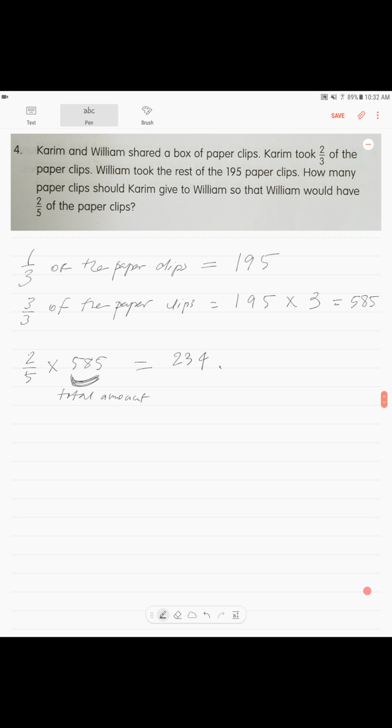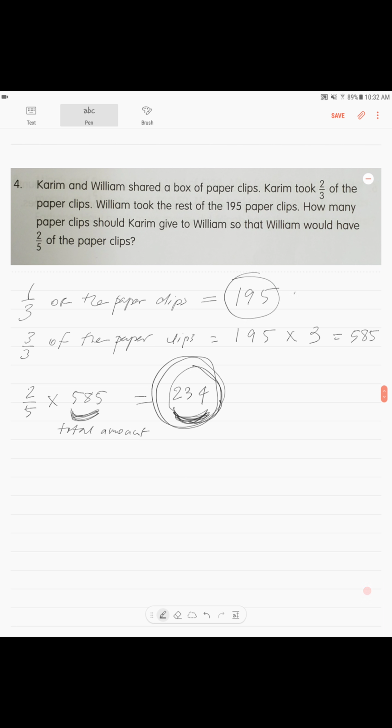So William needs to have this amount. Right? And right now he has this amount. So this is William now. This is what William should have, right? So how do we find the difference? 234 minus 195.